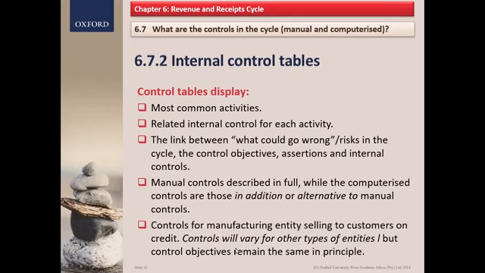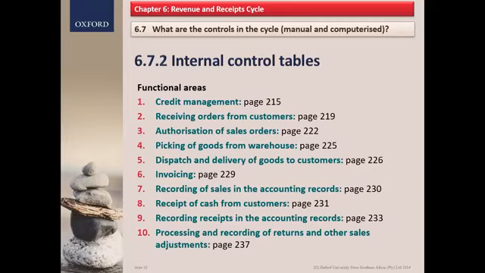Right. So let us look at one table, and I will expect you to be able to deal with the other tables from 2 up to the last. Like we did previously, we look at credit management, which is on page 215 in your prescribed book.